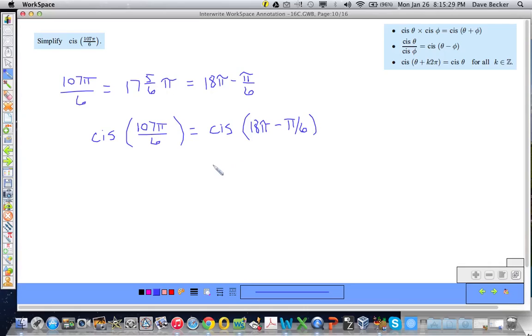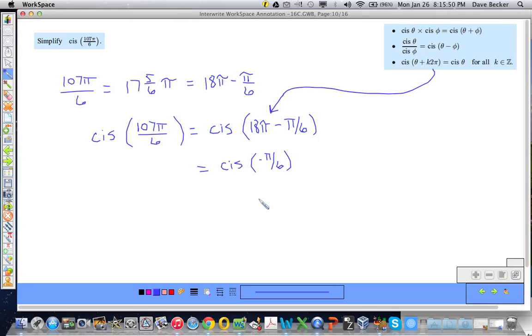Which has to be equivalent to cis of negative pi over 6. Why? Because 18 pi is a multiple of 2k pi. I like 2k pi better. Whatever, okay.